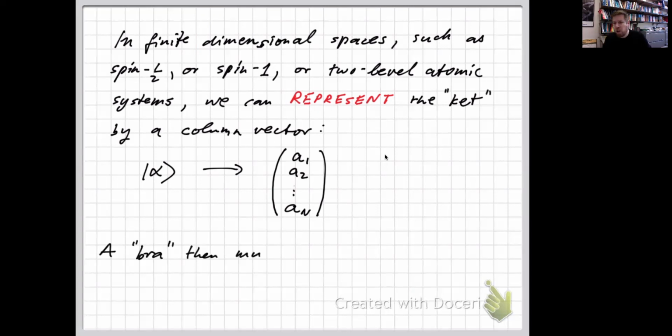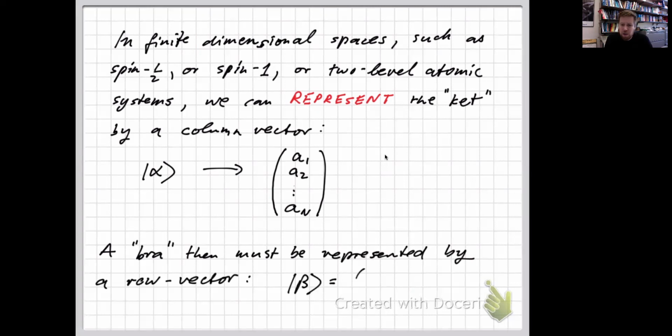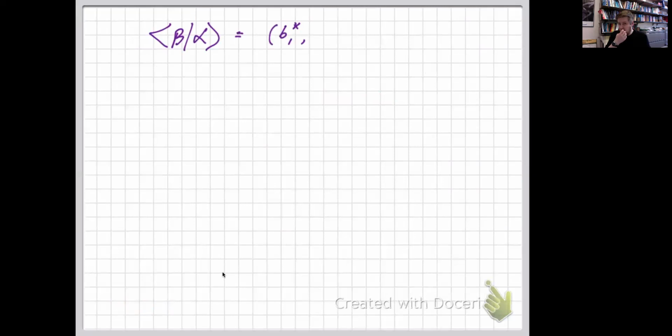And then I'm going to claim for a moment that the corresponding bra must be represented by a row vector where the entries are also complex conjugated. The question is why? Why is the bra represented by a row vector? Well, because we know what we need to get from the inner product, right?